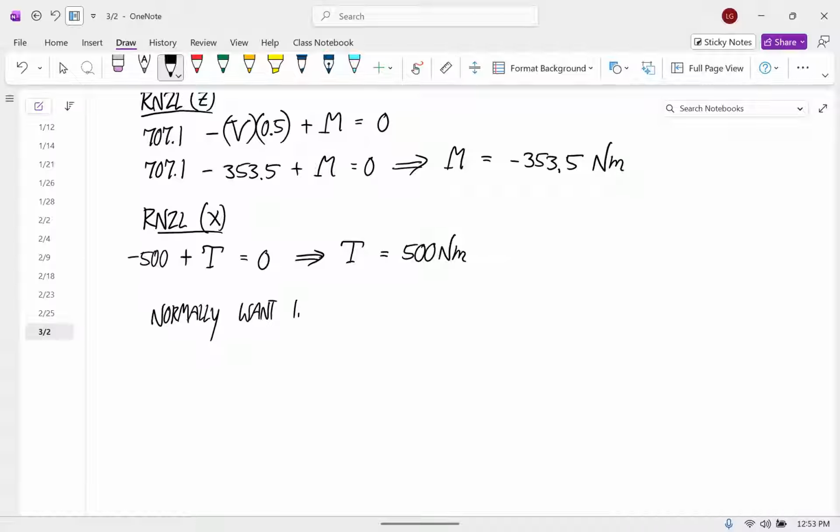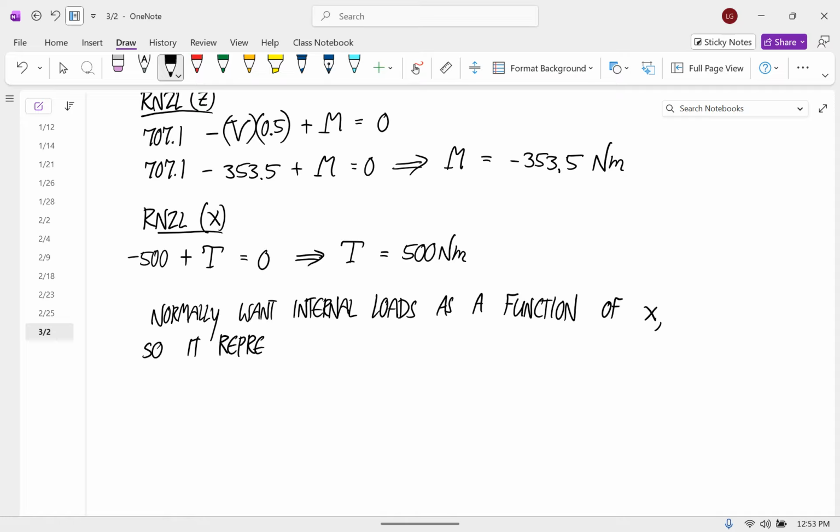So it represents every possible red line. Every red line is a separate cross section.